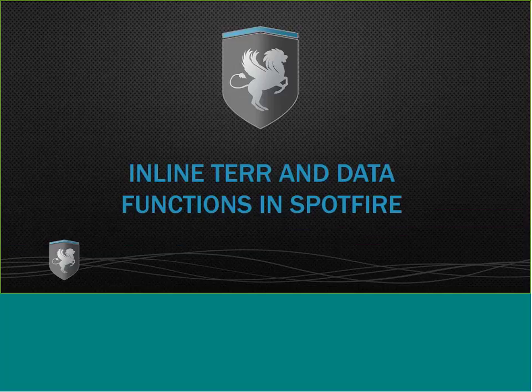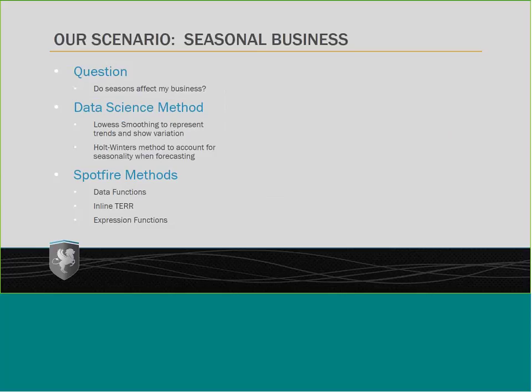So with that, I will get into talking about data functions and Inline Ter. We have been posed a business question: do seasons affect my business? We will use a couple of different data science methods. We will use LOWESS smoothing to represent the trends and seasonality in the data and to detect it. And then we will use the Holt-Winters method to account for the seasonality when forecasting.